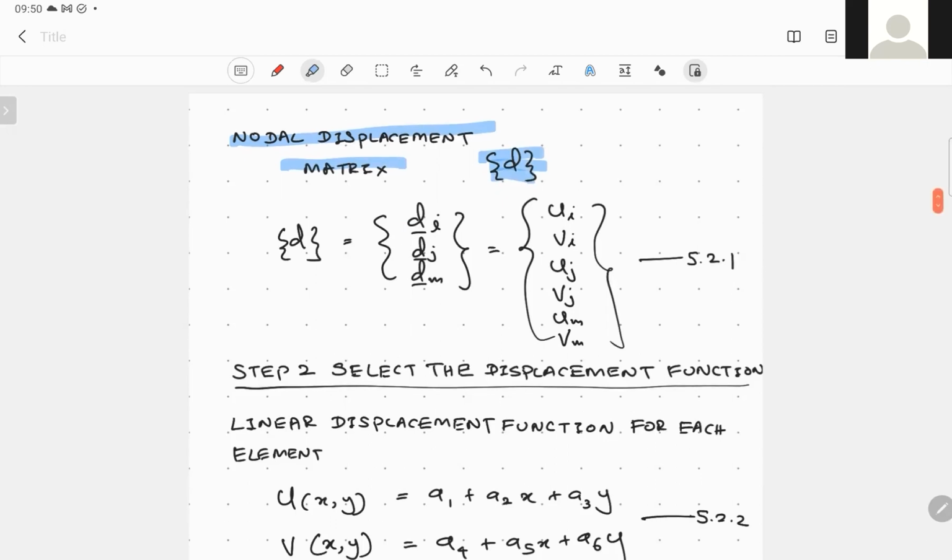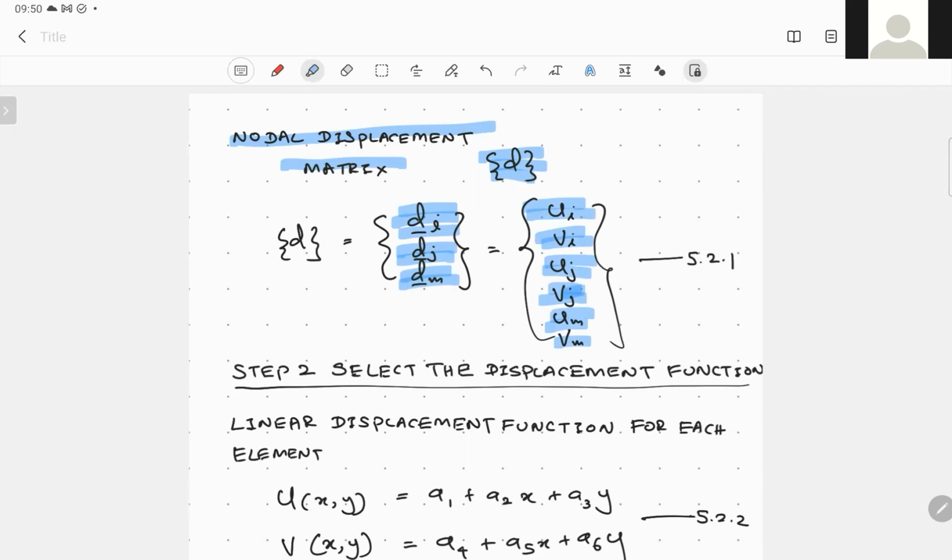What are the three components? Displacement in the ith node, jth node, and the mth node. And each node has two segments. In the x direction and y direction, the I node has a displacement in each. Similarly for j and m. So there are 6 elements in this column matrix.